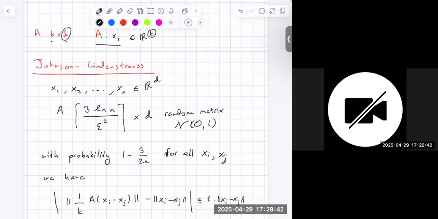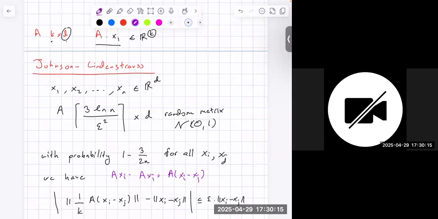So what do you do? You multiply all your data points with this matrix. You've got data point xi and data point xj. They had a distance, and after you multiply with the matrix, you take the distance between a times xi minus a times xj. It is the same thing as a(xi - xj). This is what's written here, and take this as your matrix.